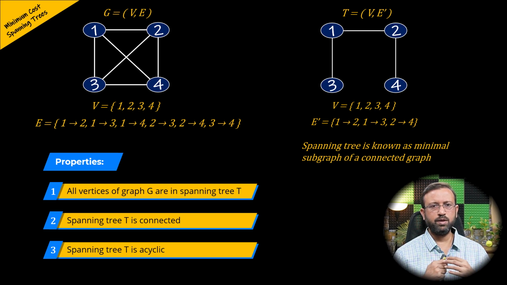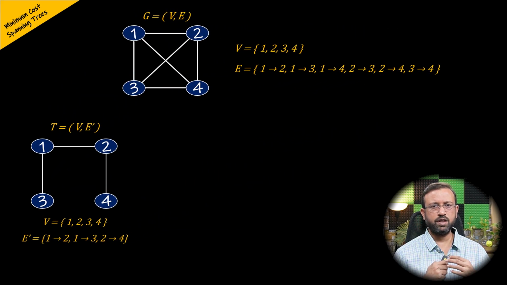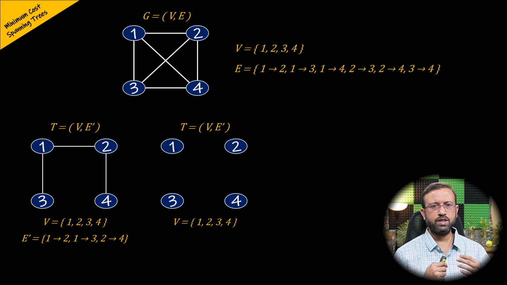Now, the example which we have seen is just one of the possible spanning trees of the graph G. It is possible for a graph to have several different spanning trees. For example, we can construct another spanning tree of the graph G with all the vertices of G and the edges between vertex 1 to vertex 3, vertex 2 to vertex 3, and an edge between vertex 3 to vertex 4.